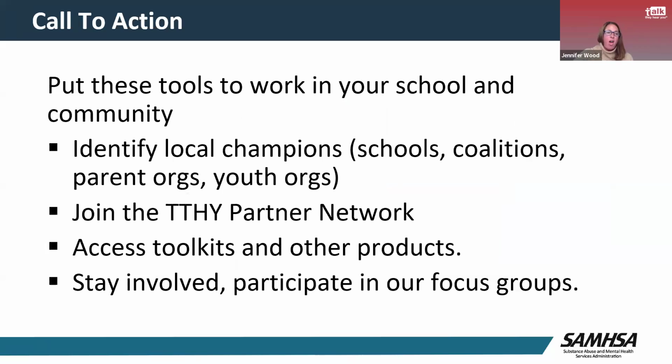Thank you. So call to action. We've walked through the suite of free, empirically rooted and ready to deploy tools, but now comes the most important part, which is how you would have this activated in your communities. And as school prevention leaders and prevention specialists, I think you're in a unique situation to turn these tools into results. And just a couple ideas: identify a local champion, which could be you.